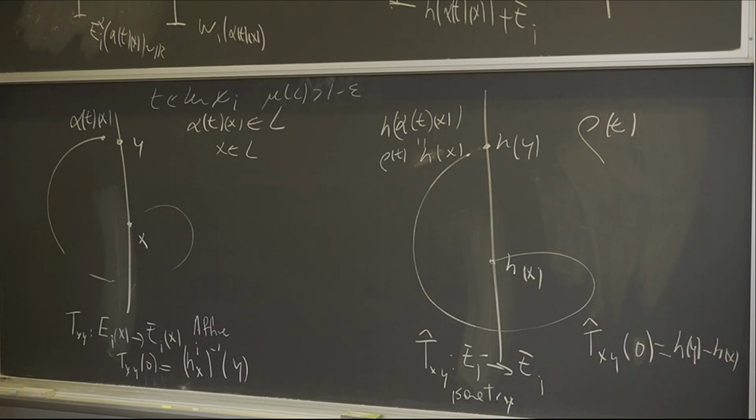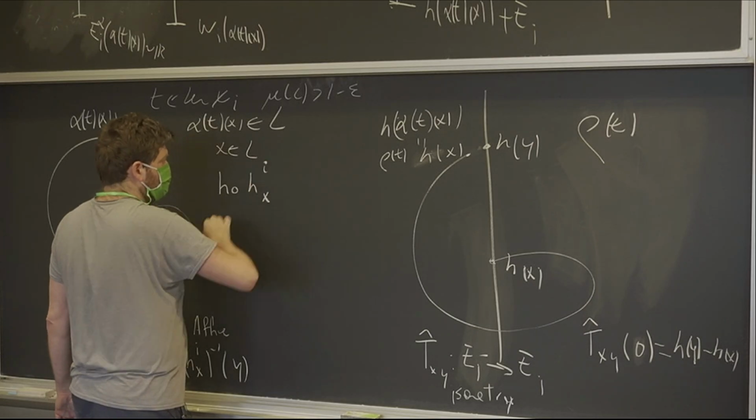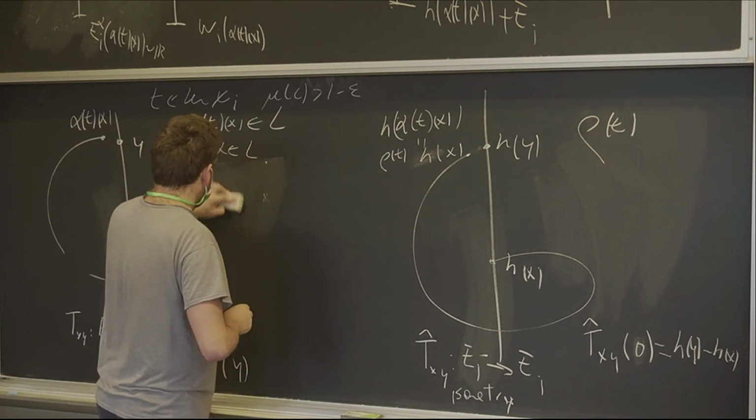But since I'm doing things simultaneously, when I'm taking h, compose h_xi, okay, so the way I'm building this T_xi is, maybe let me be a little bit more concise.